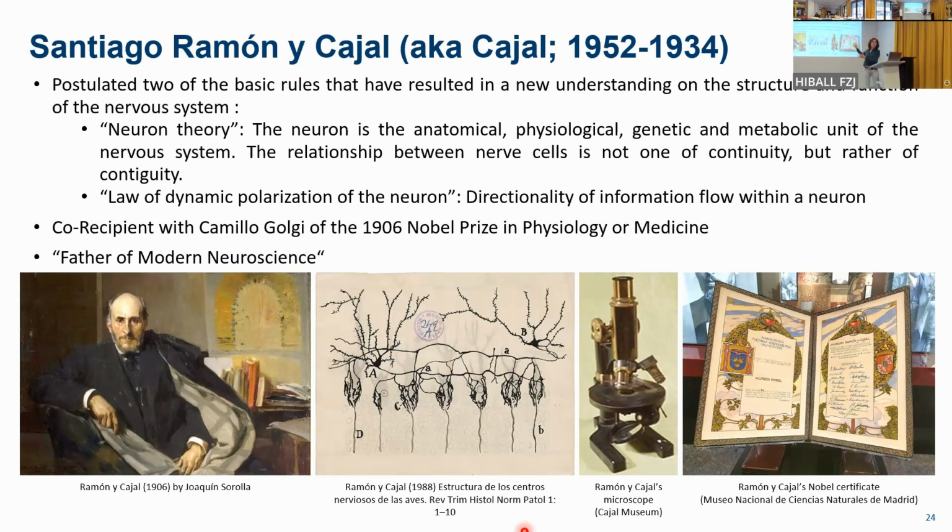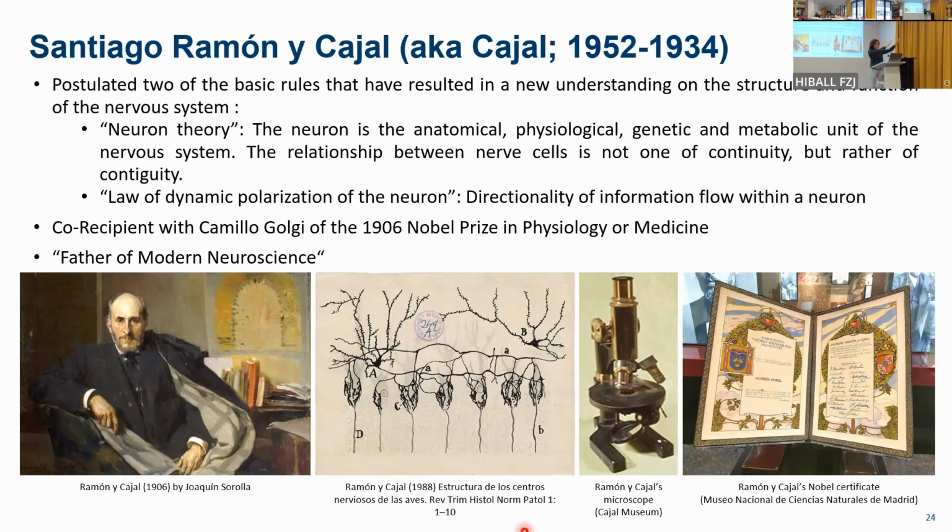And although he postulated a lot of these things in the 19th and the early 20th century, so more than 100 years ago, the advances that have been brought to us with neuroscience have only served to confirm the theories that Ramón y Cajal postulated. Actually, none of the advances has served to say, do you know something?